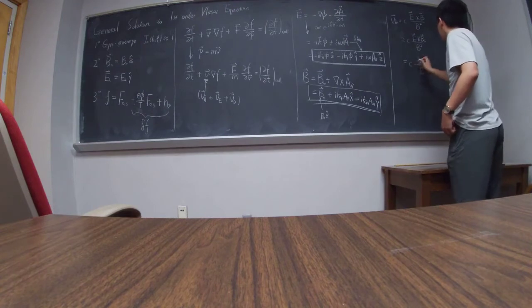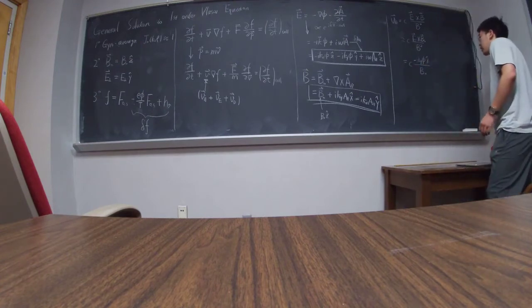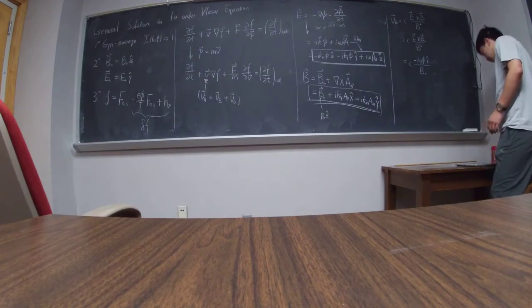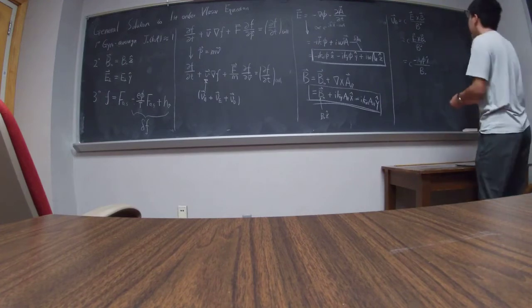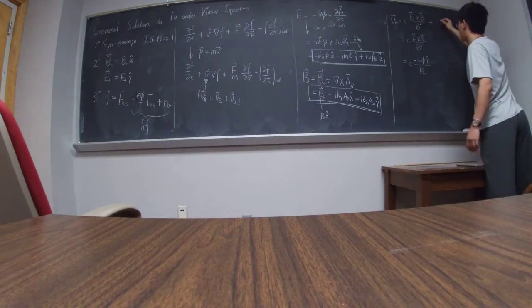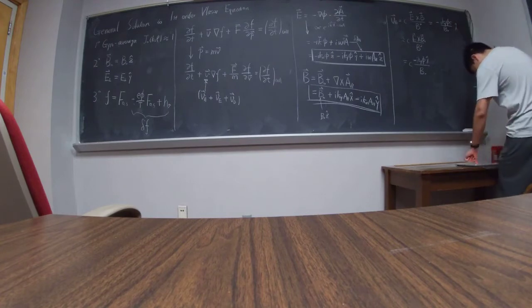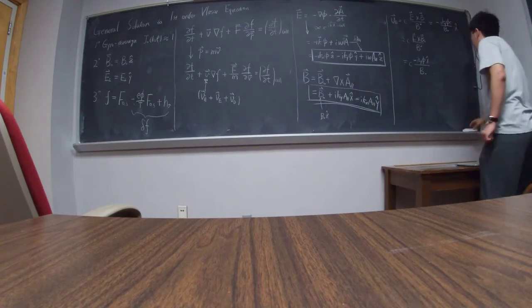Sorry, checking. Yeah, and there it is. Here is our E cross B drift velocity, negative i k y phi c over B naught, in the x direction.